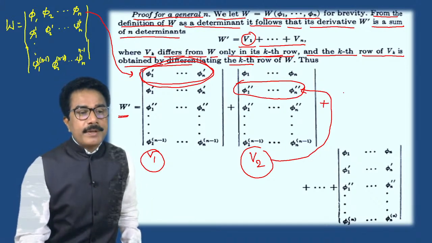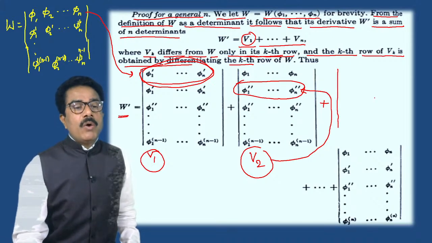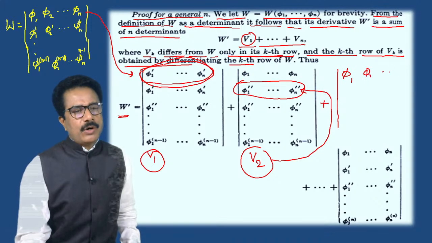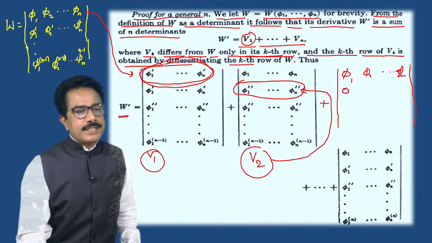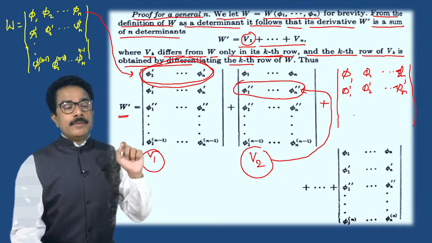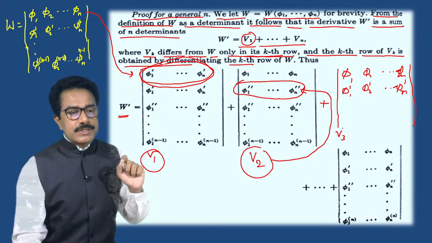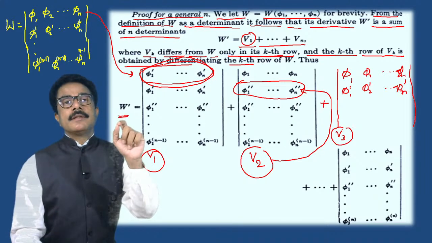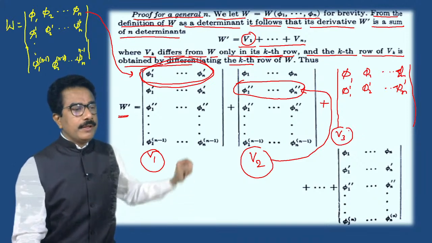Similarly, we can obtain V3. How can we obtain V3? The first row is phi 1, phi 2, dot dot phi n. The second row is as it is: phi 1 dash, phi 2 dash, dot dot dot phi n dash. Now V3 means the determinant obtained by taking the derivative of the third row.